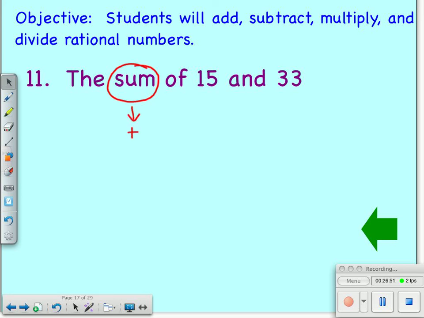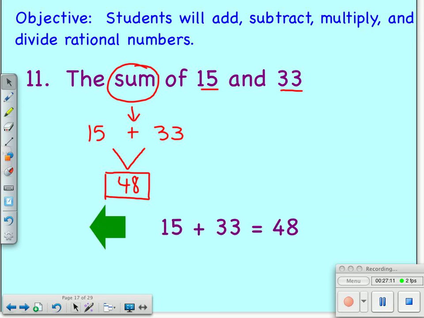So I know I'm adding the terms 15 and 33. So 15 plus 33. And when we add those together, we get 48. Box your answer. 15 plus 33 equals 48.